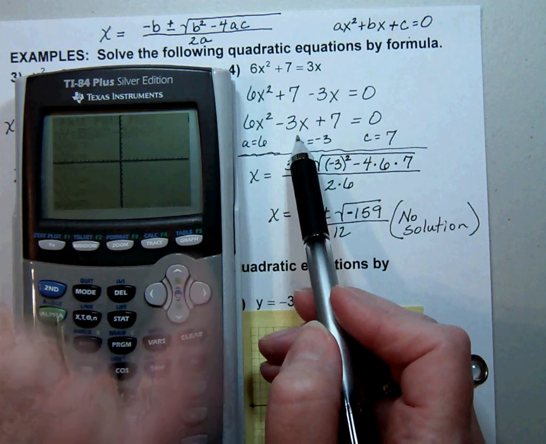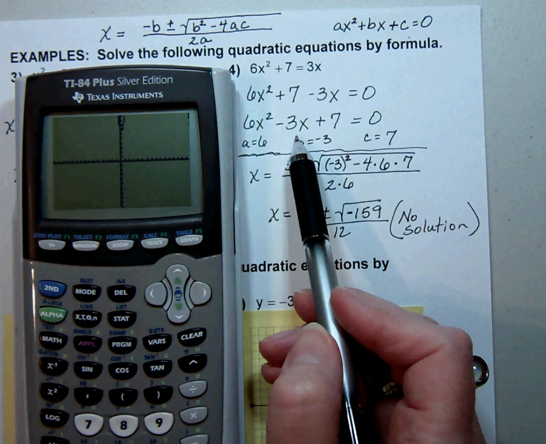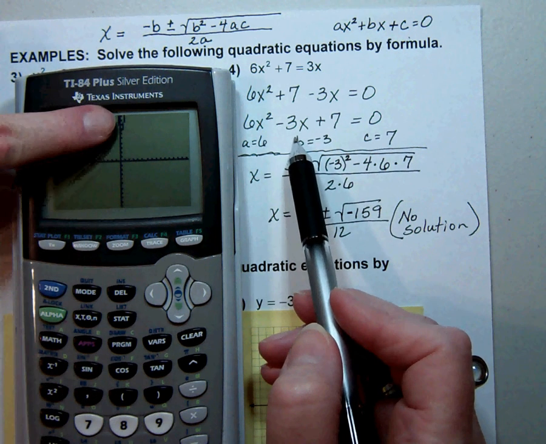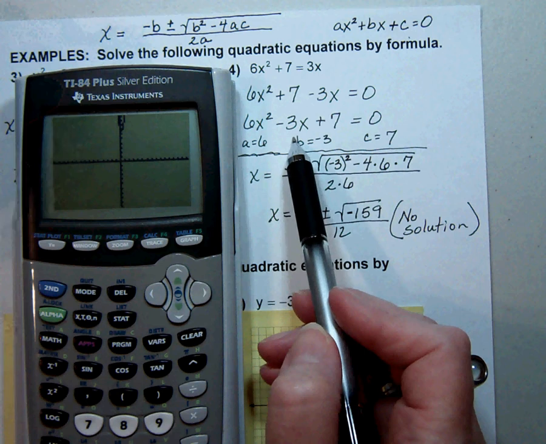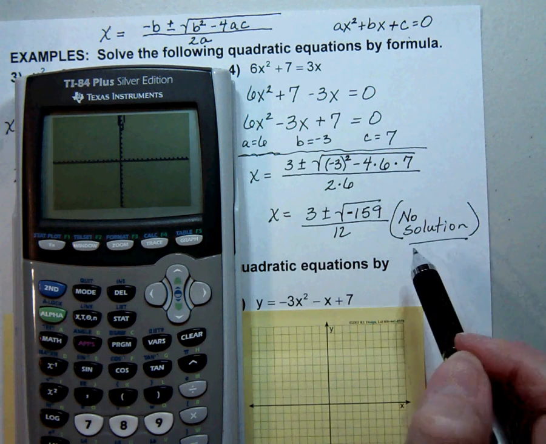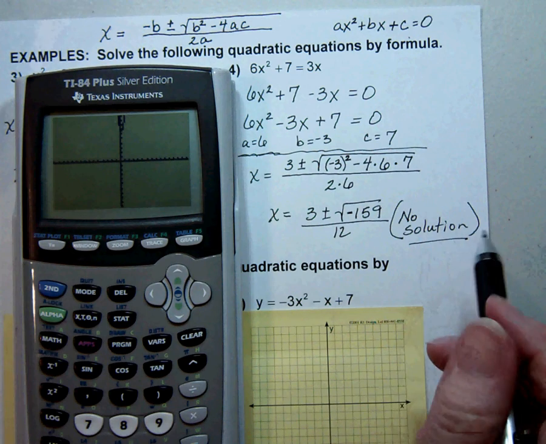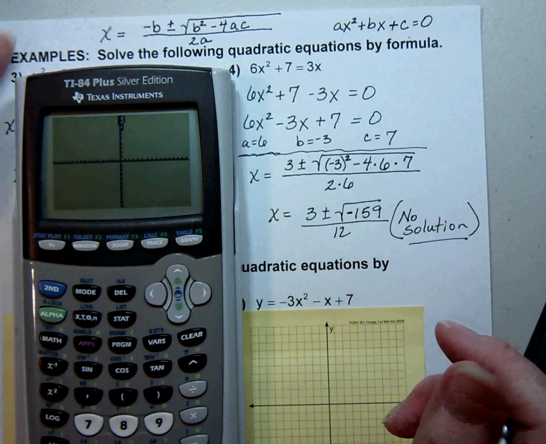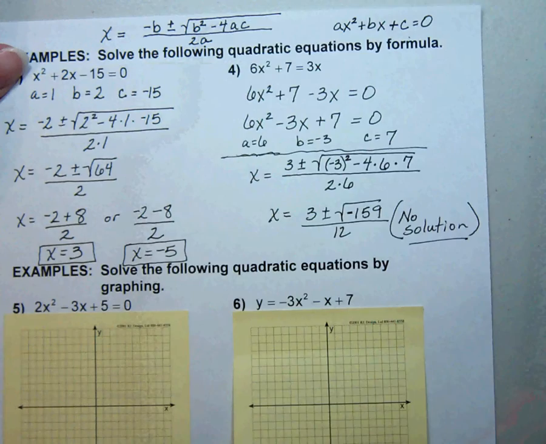Watch what happens when you graph it. There will not be any solutions. It's way up here. There are no solutions to this equation because it does not cross the x-axis. Sometimes that does happen. So just put no solution on one like that.